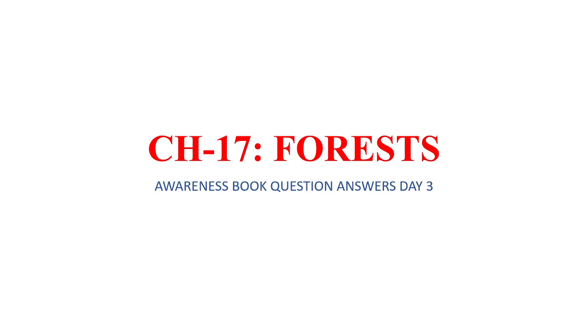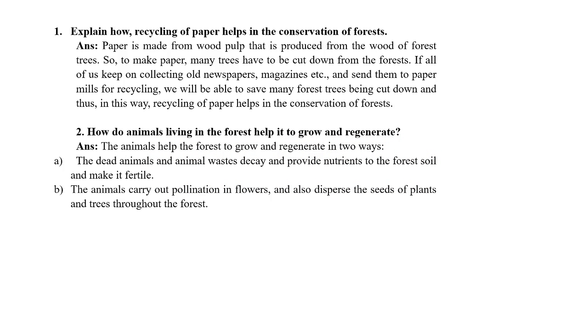Explain how recycling of paper helps in the conservation of forest. Now, this is common sense: paper is made of wood, and wood is produced from the wood of the forest trees. So to make paper, many trees have to be cut.